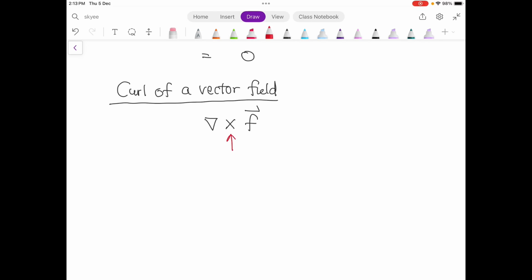When it is a cross, we call it the curl of a vector field F. So how do we perform this curl? I think everybody still remembers that the del is equal to this.